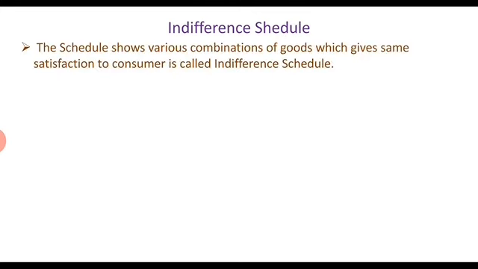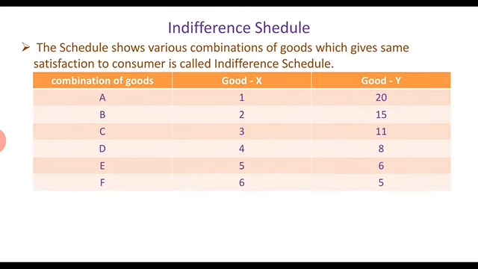We can understand the analysis with indifference schedule and indifference curves. Indifference schedule: the schedule that shows various combinations of goods which give the same satisfaction to the consumer is called an indifference schedule.